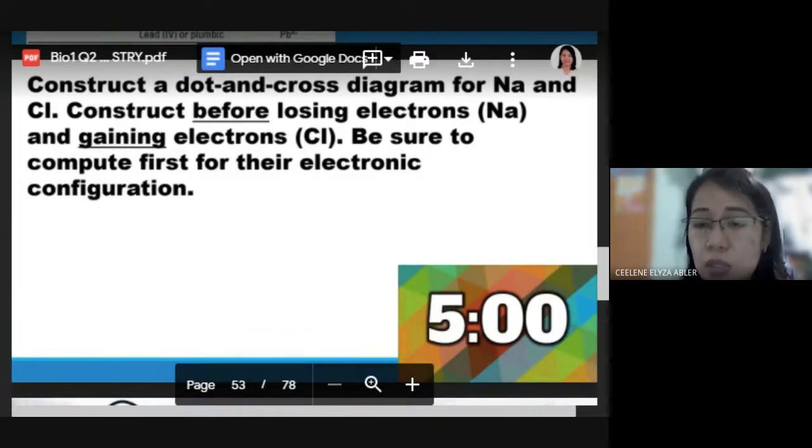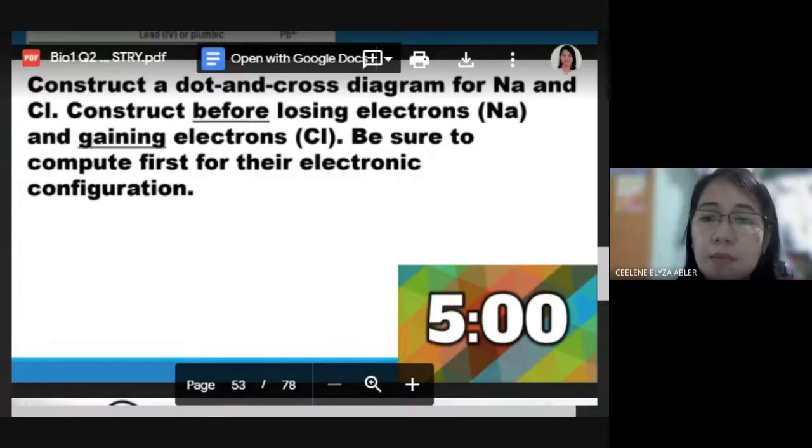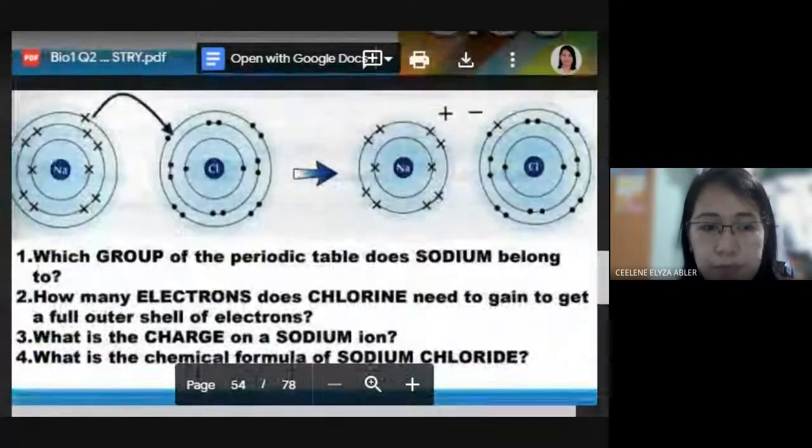Cation si sodium, si chlorine is an anion. Ibibigay mo lang ang isang electron kay chlorine, tatanggapin ni chlorine ang isang electron to become more negative, and si sodium becomes more positive because it loses one electron. So yun ang sagot dyan.